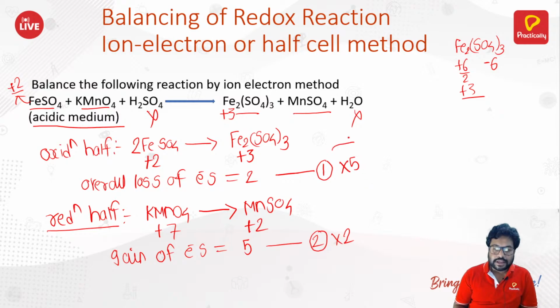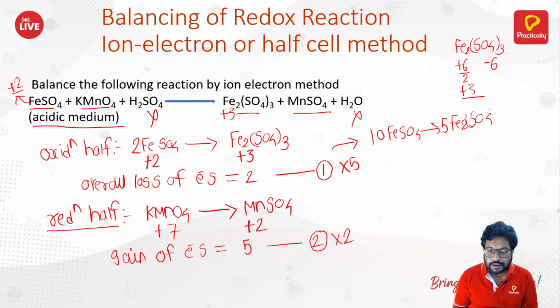What would this give me? It will give me 5 into 2, 10 FeSO4 plus 5 Fe2(SO4)3. Loss of electrons is equal to how much? 10.